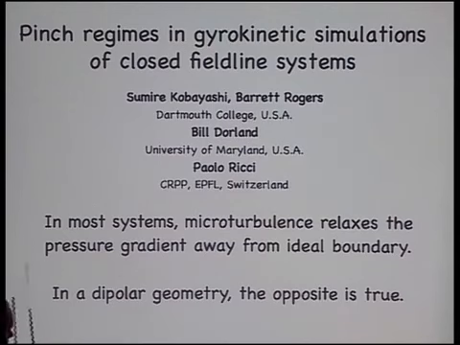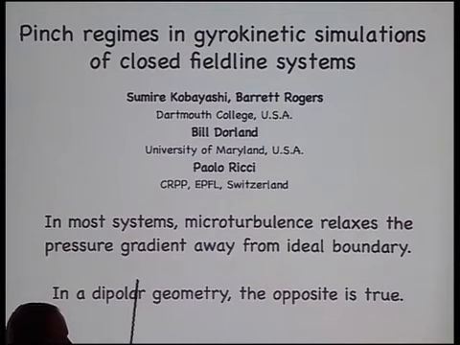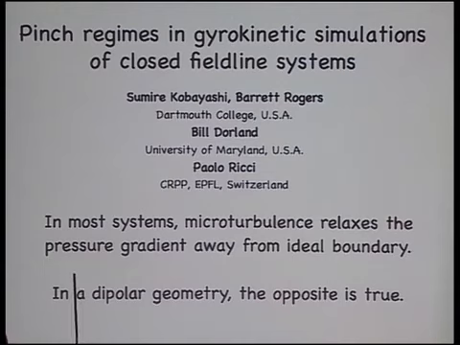The shocking thing to me about this system is that in a dipolar geometry or related closed field line systems like a Z-pinch, I'm going to argue that the opposite is true: the microturbulence tends to drive the system into a state that's up against the ideal boundary.